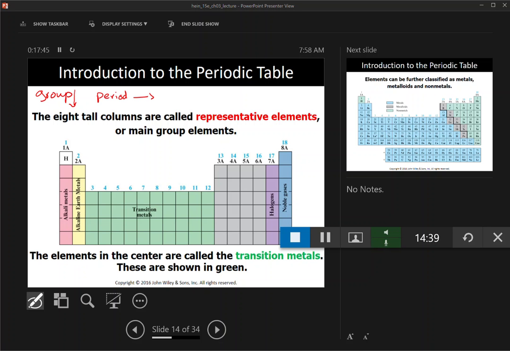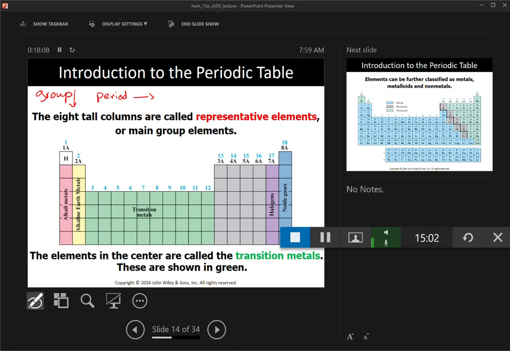Now, in order to locate the elements, we're going to number the periods and the groups. There are two systems to number the groups. One system starts from 1, 2, 3, all the way to 18.